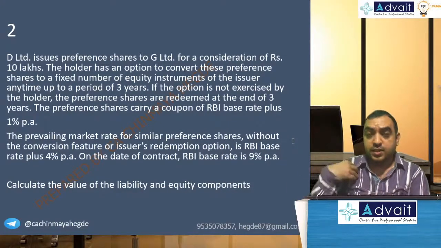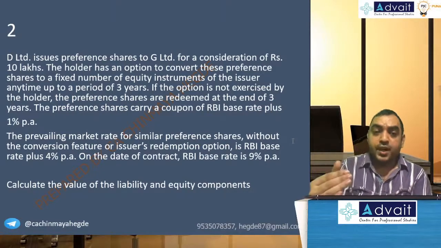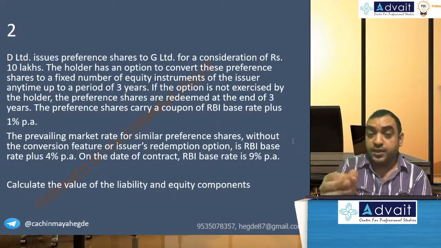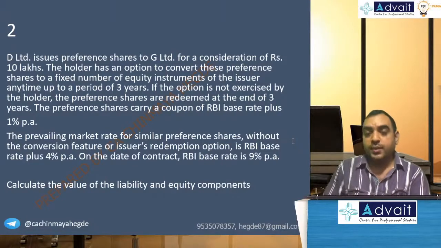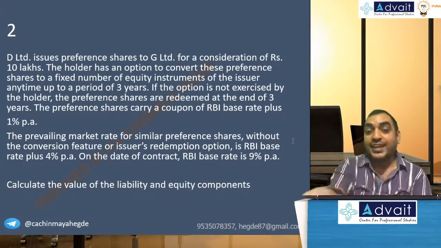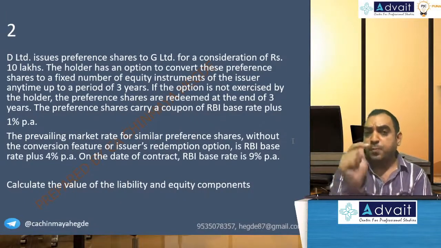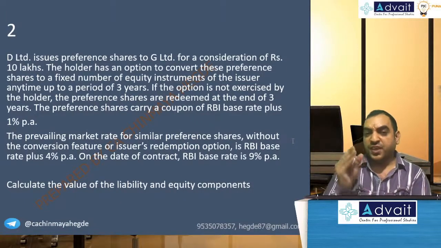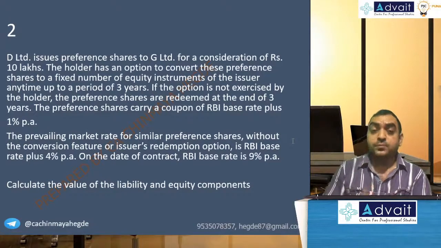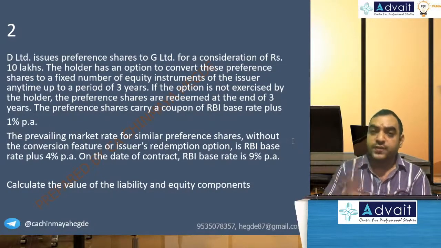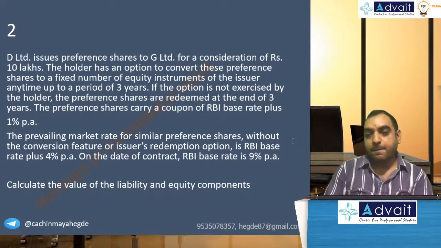Callable means the company will decide, and puttable means holder will decide. If it is puttable instrument in the hands of the holder, whenever they want, they can sell it, they can convert it. We are doing now convertible debenture, a compound financial instrument. But if it is a case of callable bond, till the entity calls, it will not become a liability.